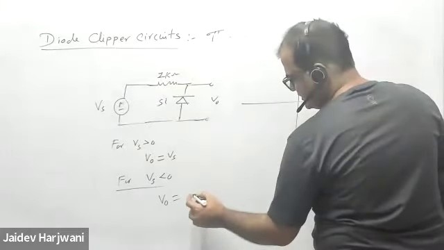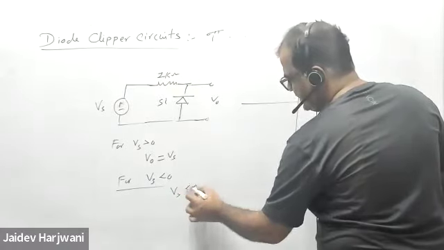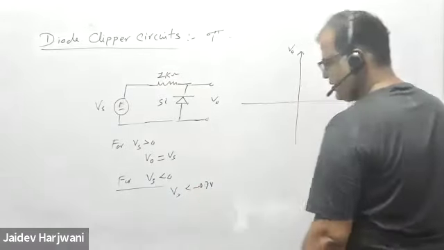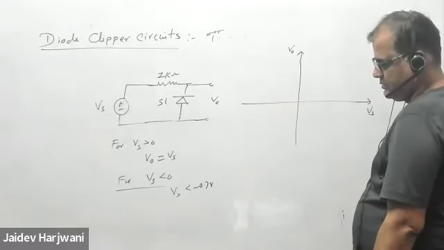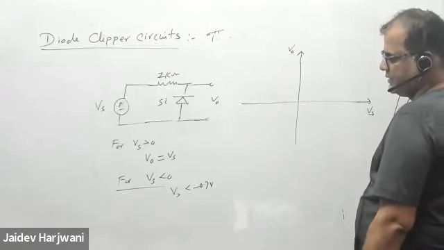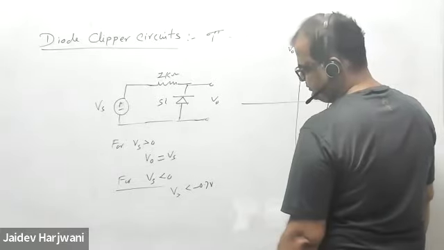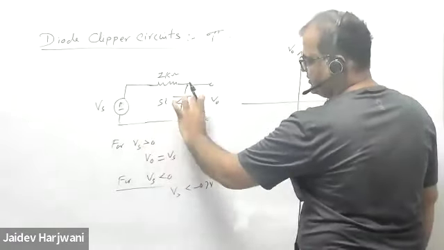If my Vs is less than 0.7 in magnitude, that time this will be open because it requires 0.7.